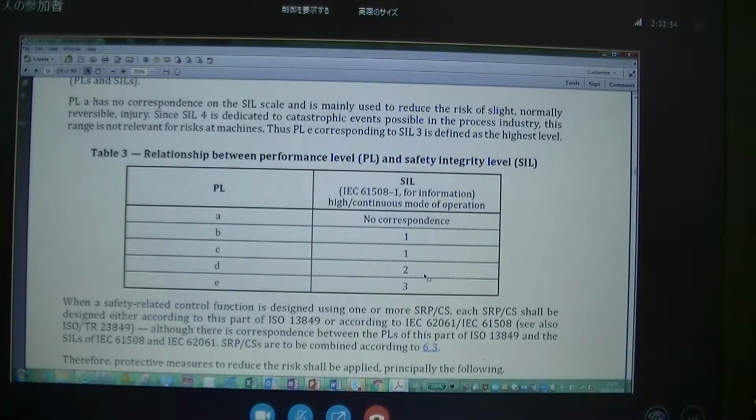SIL 3 can guarantee PL e, but PL e cannot guarantee SIL 3. Exactly. It might be just below the SIL 3 level.